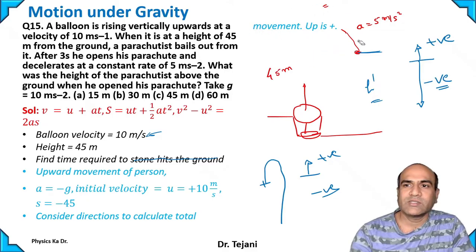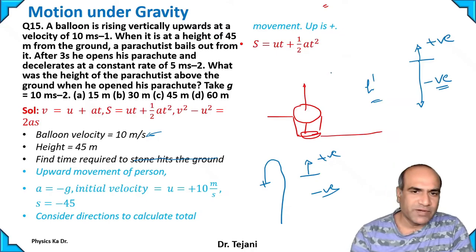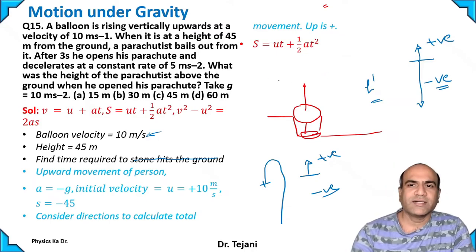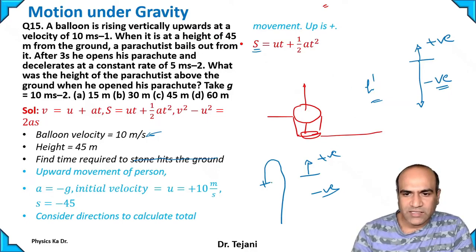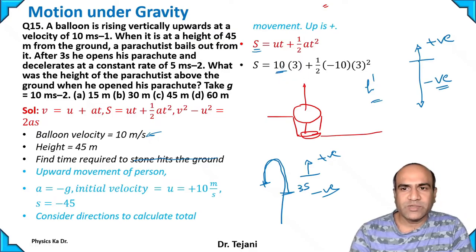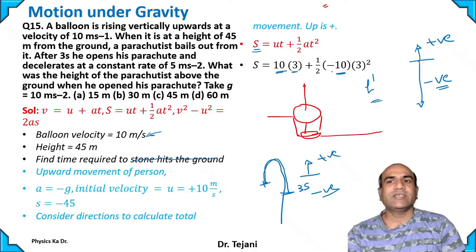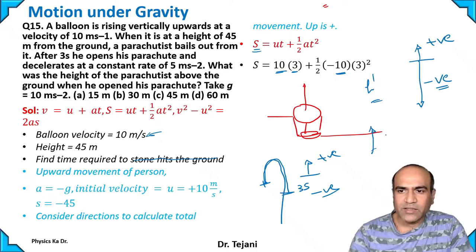Let's see what the equation is going to be. We have s is equal to ut plus 1 by 2 at square from the equation of motion. What distance does he travel in 3 seconds? The initial velocity u is upward, positive 10, t is 3 second, and 1 half. Acceleration is minus 10 because the person is going upward.